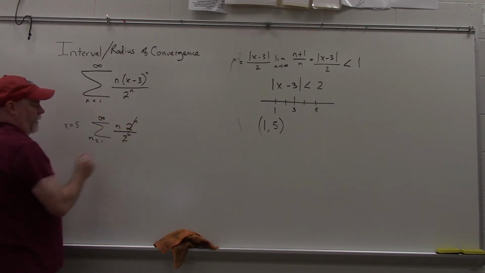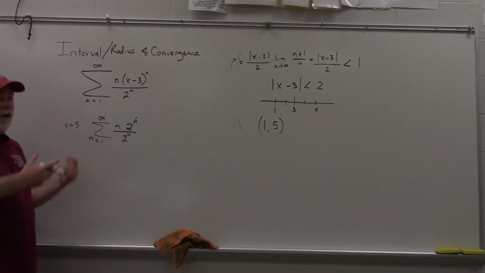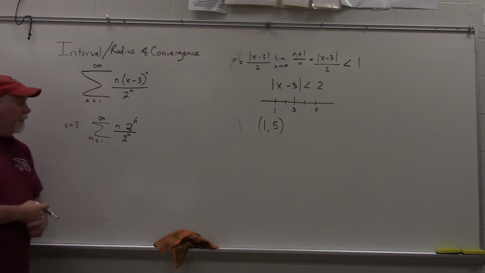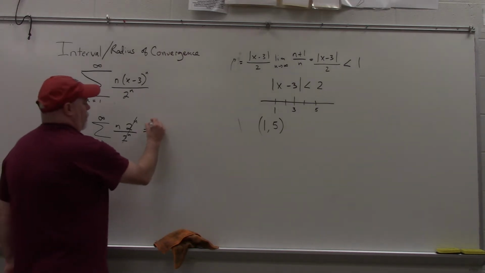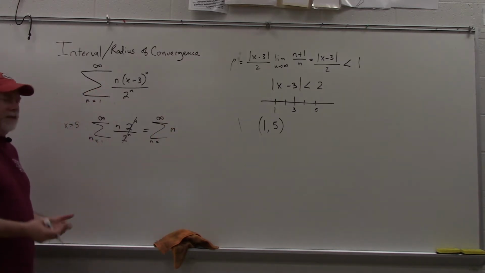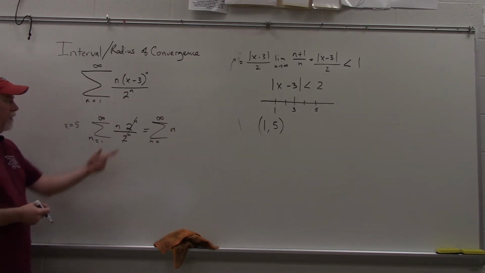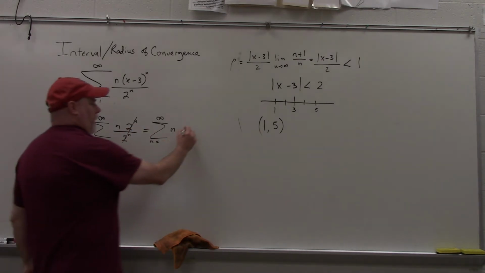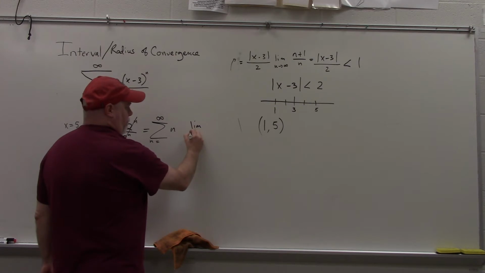I think we can sort of see those 2 to the n's are supposed to cancel. That always should happen. If it doesn't, you've done something wrong, okay? So this is going to be a pretty divergent series. And let's see, what reason could we say it's divergent? Well, the limit as n goes to infinity of n is infinity. So we could say that it's divergent by the nth term test, if nothing else.